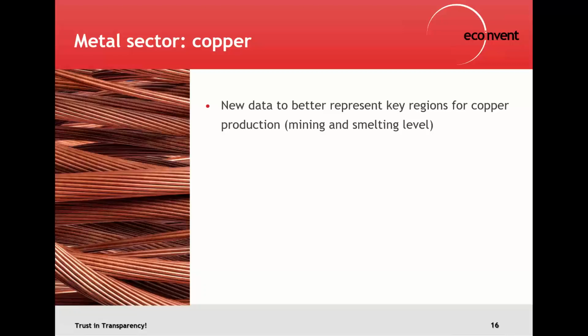So this has led to the addition of several new regions, in the case of mining, for example, or the refinement of regions in the case of smelting, where we used to have very large regions and now we have specific countries.